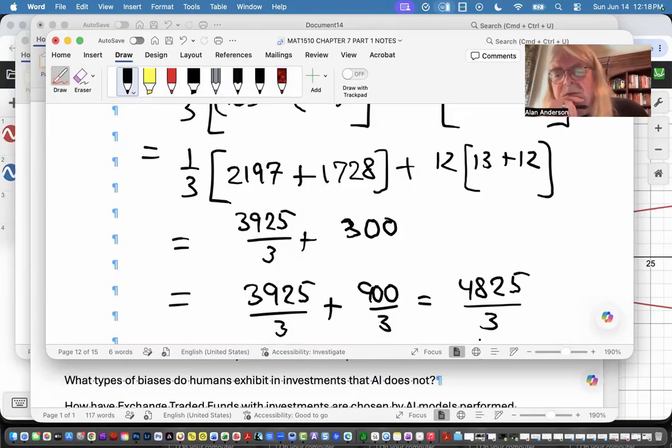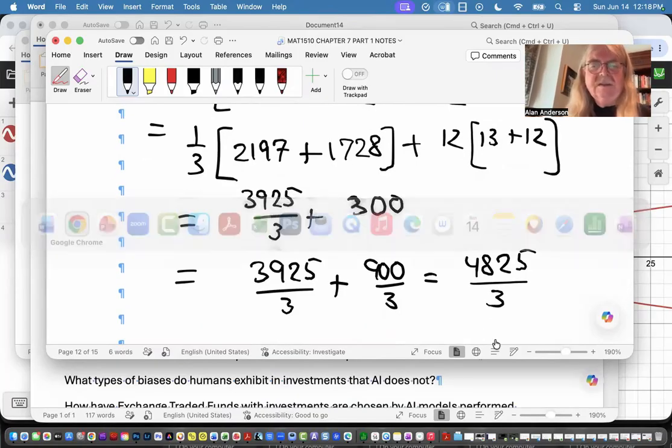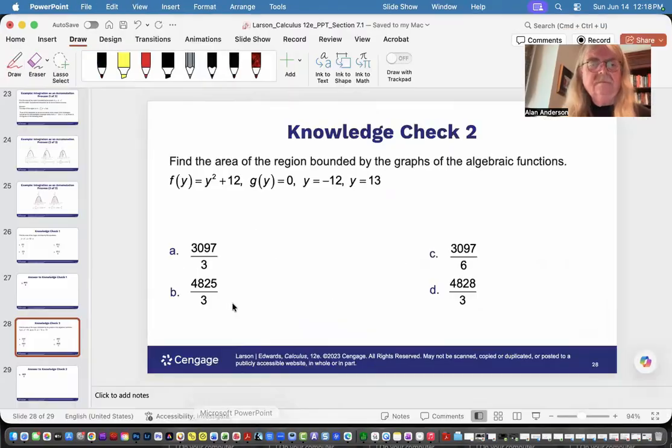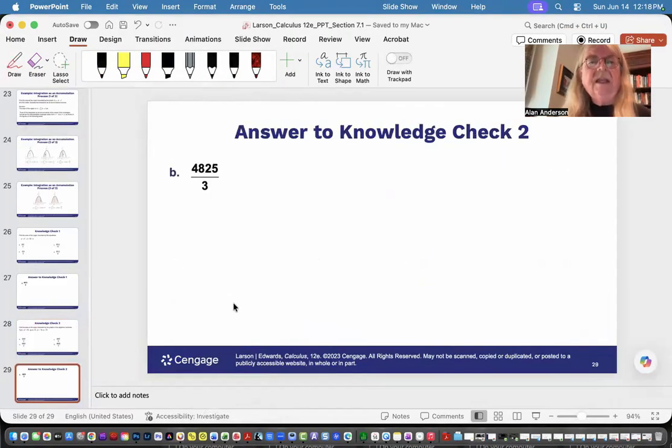Let's see, can we reduce this? No, it doesn't look like it. Okay, 4841 thirds. And that would be B.